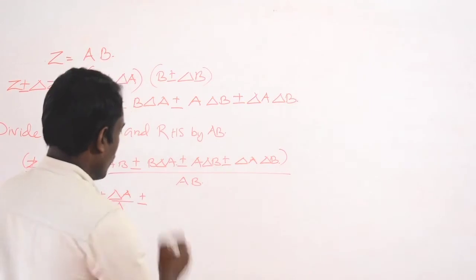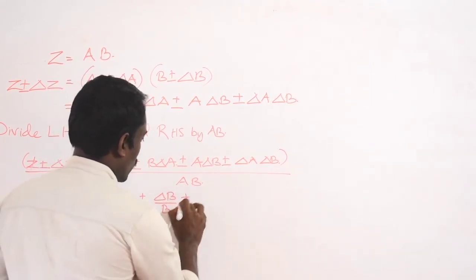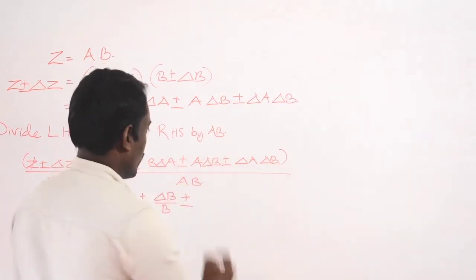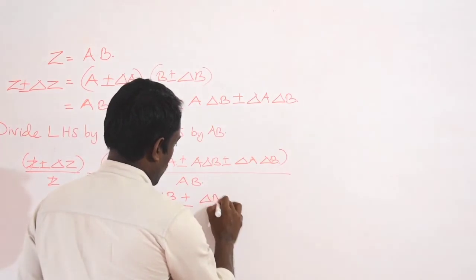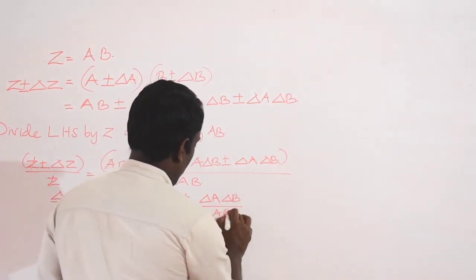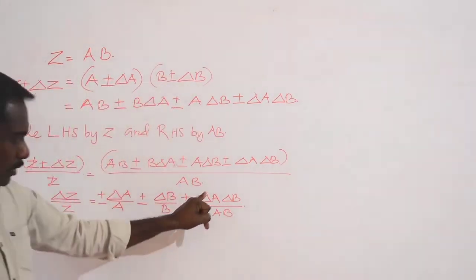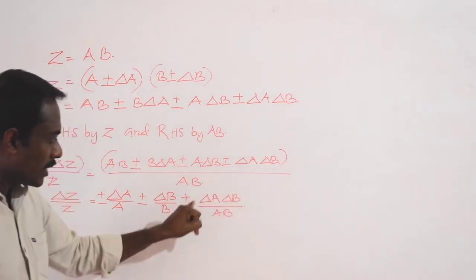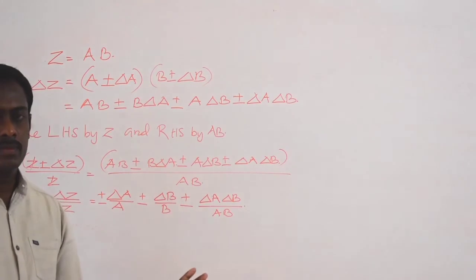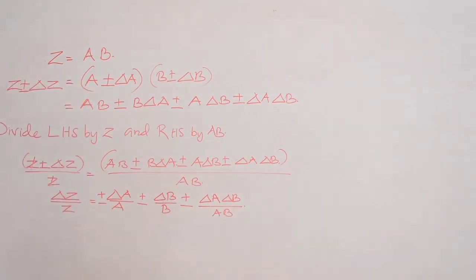Then delta B divided by B plus or minus, then delta A into delta B divided by AB. Since the product of the absolute errors, delta A into delta B, is very small, therefore we neglect this term. So what will remain there?